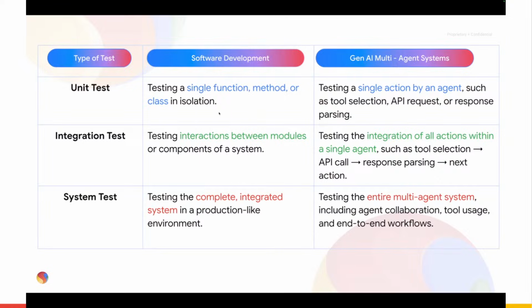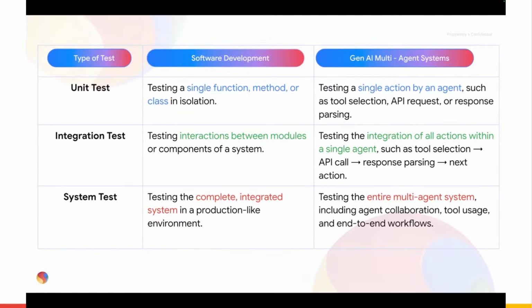Unit tests basically test a single function, a single class, or a single method in isolation and see if that function does what it's supposed to do. Then you move over to integration tests, where you test the interactions between these different functions, methods and modules of your system. And then you move to system tests, where you test the complete and entire application.